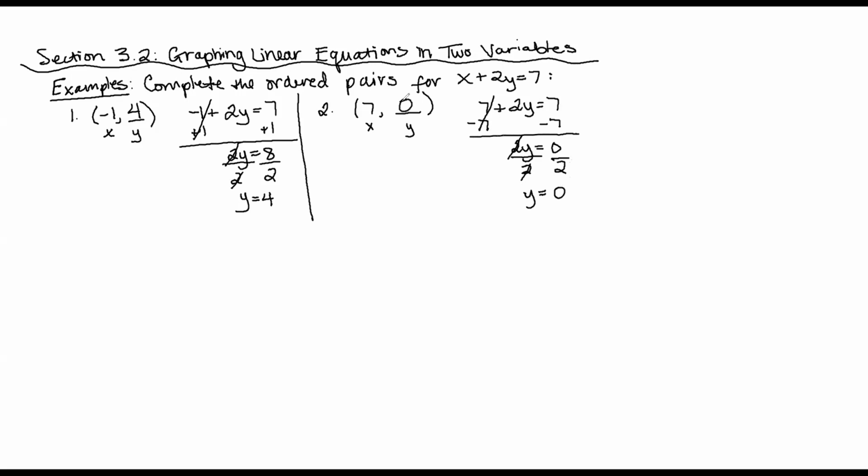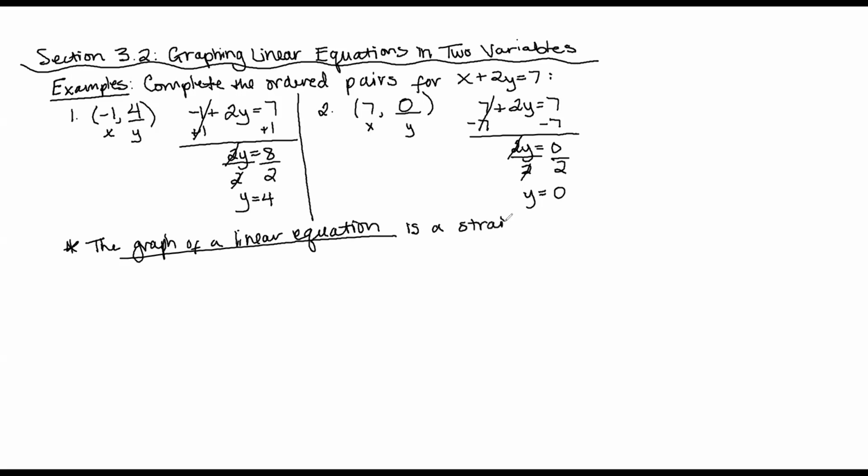So we have a line here where we have the point -1, 4 and 7, 0. And if we were to plot those points and connect them, we have the graph of this linear equation here. And so let's go ahead and write down just kind of what the graph of these should always look like. The graph of a linear equation, and this is just what it sounds like, because it's a linear equation, is a straight line.